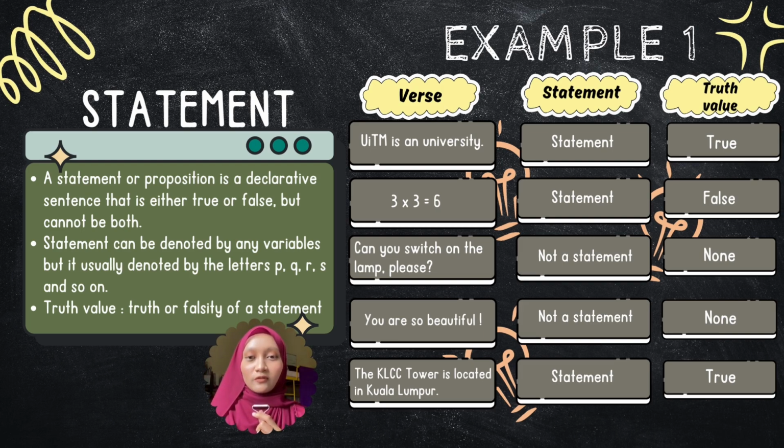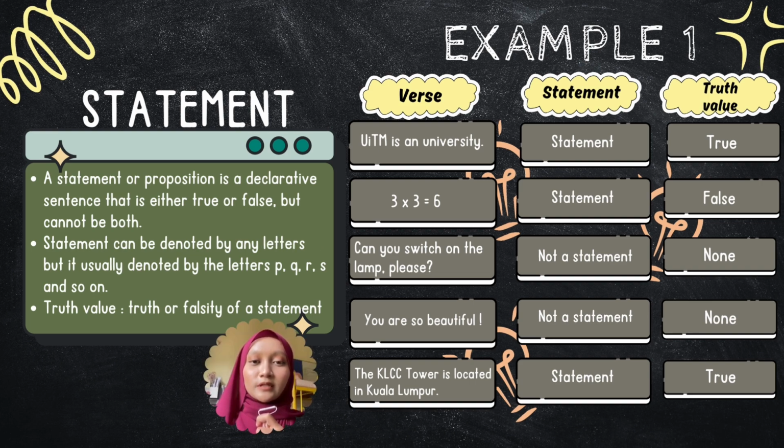The truth or falsity of a statement is called its truth value. If the statement is true, the truth value is the capital letter T or 1. But if the statement is false, its truth value is the capital letter F or 0.